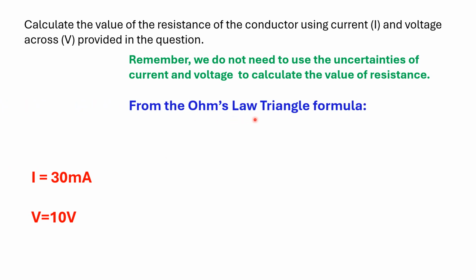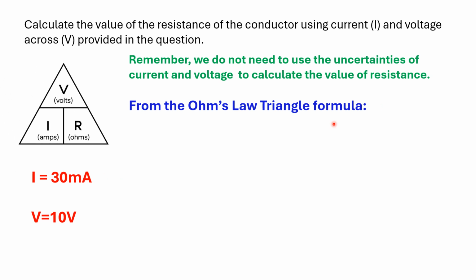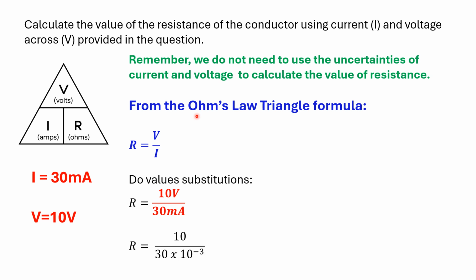Now, from the Ohm's law triangle formula, we can find a formula here for the resistance of the wire in terms of its voltage and current. So now, after doing value substitutions, we have that the resistance is 333.33 ohms.